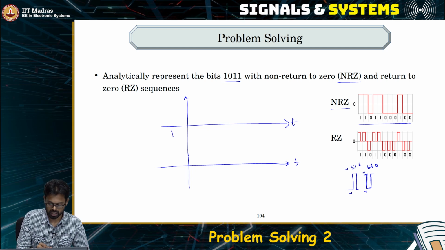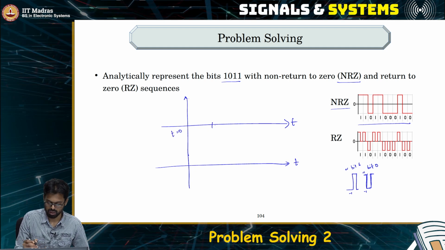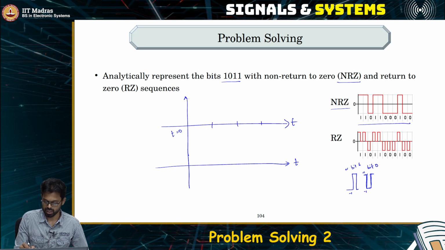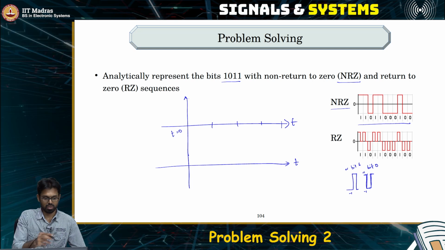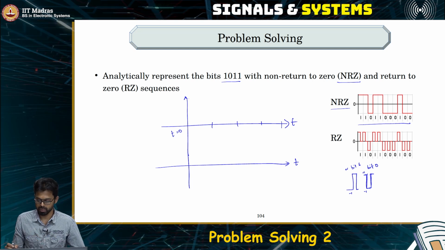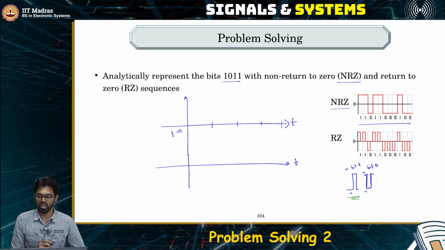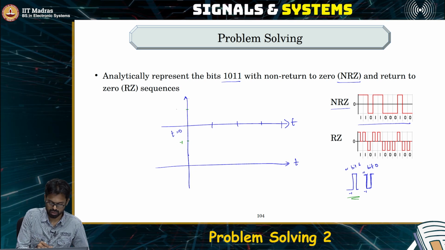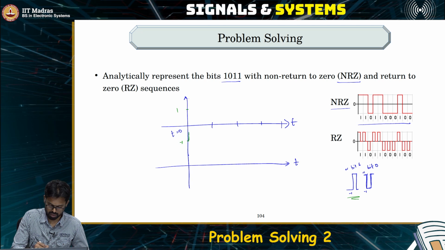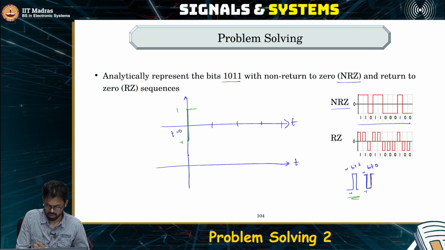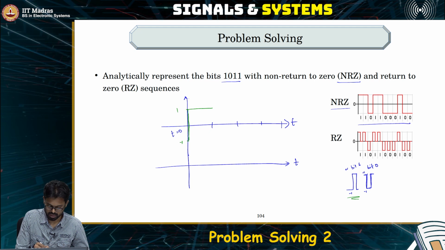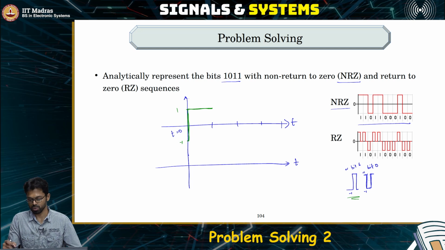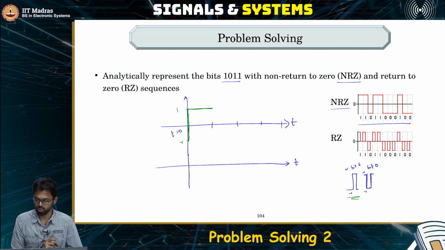Now let us say we start at time t equal to 0 and we have 4 time slots. Each time slot represents 1 bit. So to represent the bit 1, we know that the signal has to go from minus 1 to 1. So the first time slot signal will look like this. This represents 1. Then it is 0. So for 0 it has to go from plus 1 to minus 1.